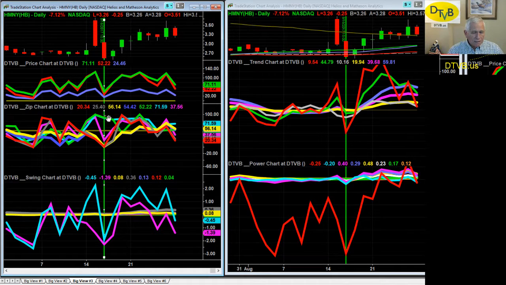Zip Zion and Zip Green have held high on the vertical line day over here, which again is just telling us that there's not too many people leaving the stock in either case, because both of them did stay high.